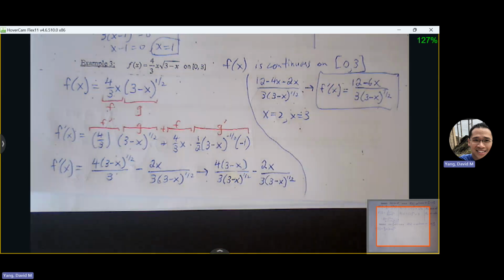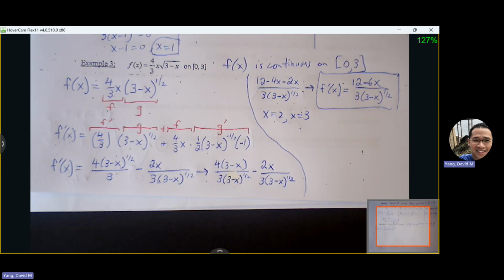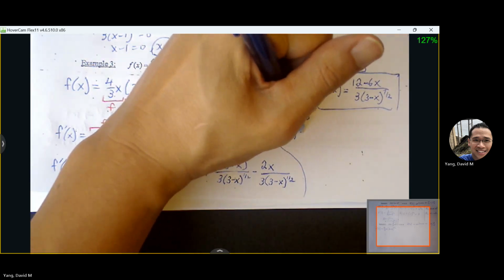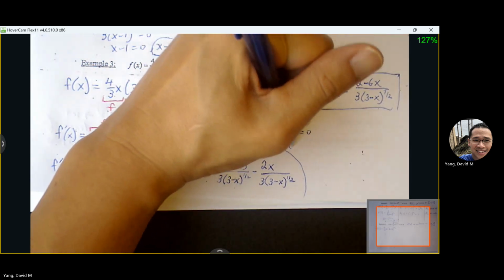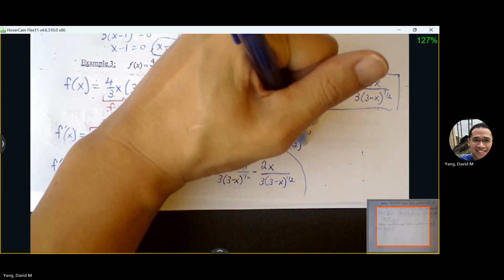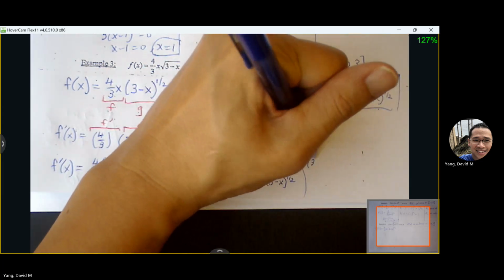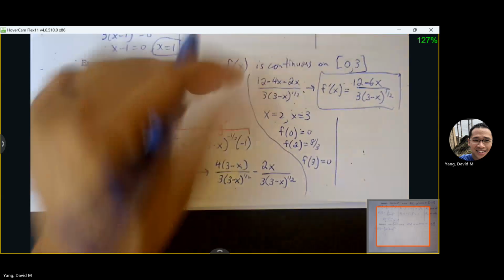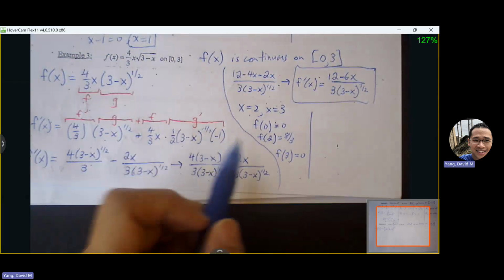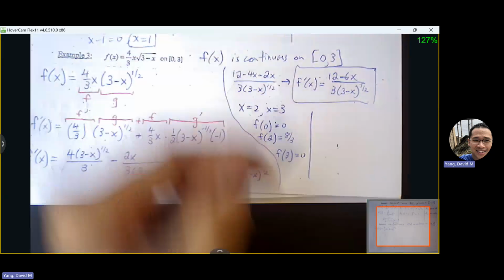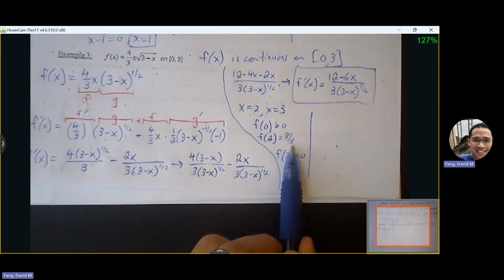So we have 3 candidates to test. We need to find the y value at 0, find the y value at 2, find the y value at 3. Now we see a duplicate, but it doesn't really matter, right? Because we only care about the y value anyways. So our absolute max value is 8/3.